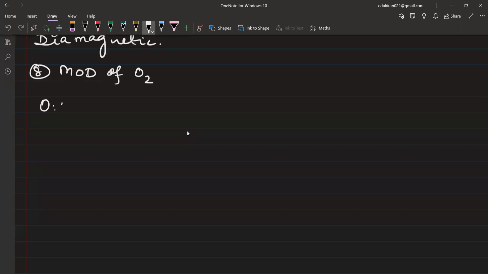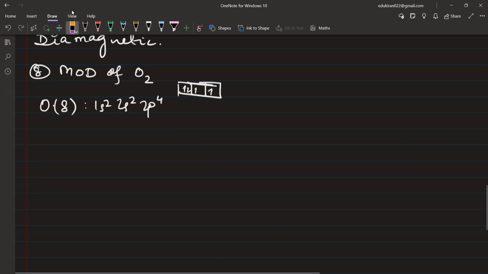Oxygen has 8 electrons, so it will be 1s2, 2s2, 2p4. Look, in 2p4 you will have repulsion, right? So 2p4 is going to have repulsion. That is why sp mixing will not take place. Till the time we have singly occupied orbitals in the p subshell, there will be sp mixing.